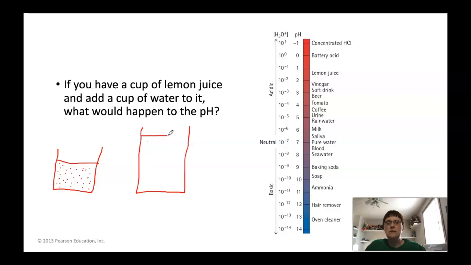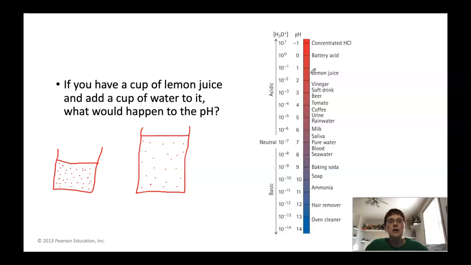It has twice the volume because we've added another cup in, but we haven't added any hydrogen ions because pure water has no hydrogen ions. Since we haven't changed the number, what we've changed is the concentration. So they're more spread out. And pH is all about the concentration, the number of them.